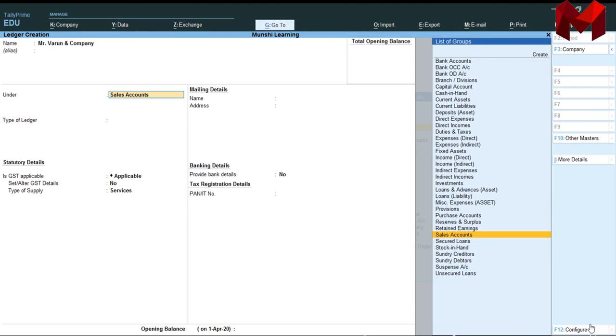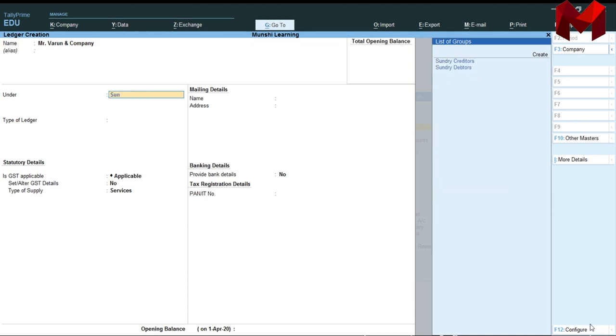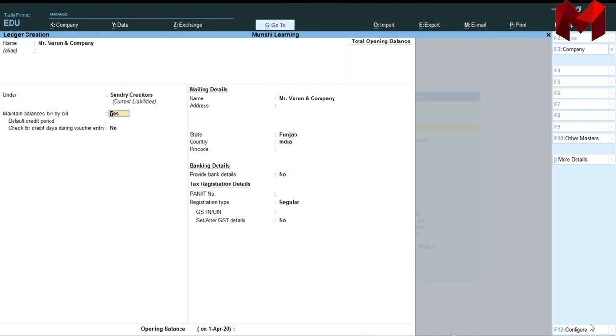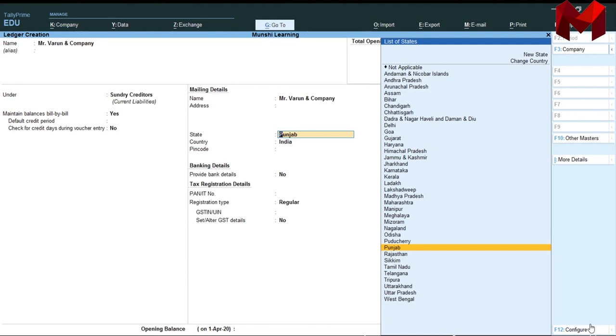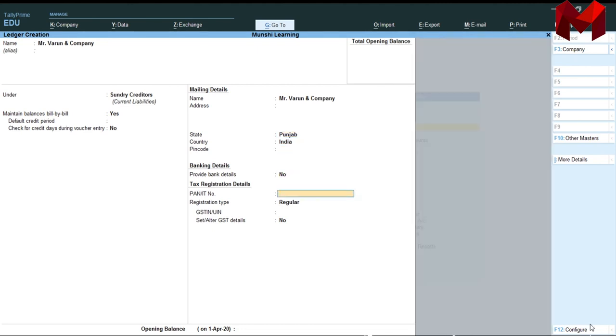Now I'm going to purchase some goods from Varun and Company. That is my sundry creditor. I'm going to pay him. That is my creditor. Since the entry is having CGST and SGST, that means it's the same state entry.